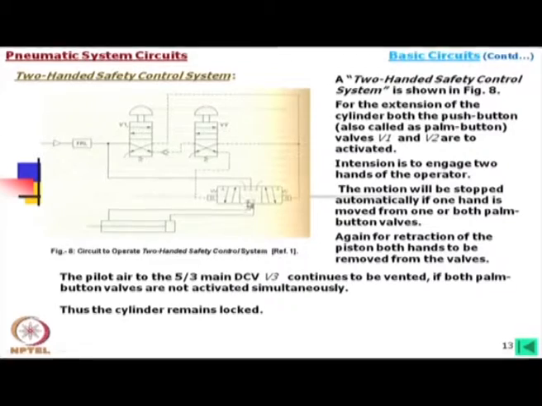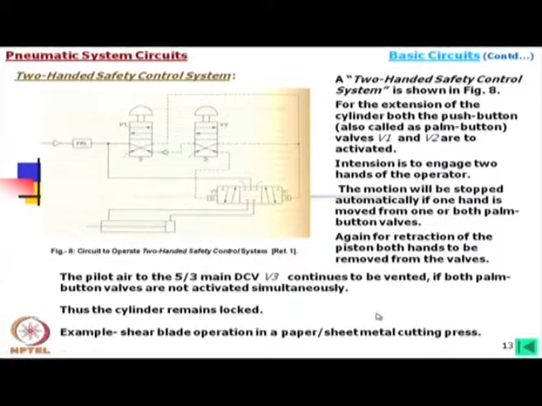In this position you will find that the air is coming and this is being vented and it remains locked in this position. This indicates that no passage is allowed in this position, no air is allowed to go through this passage when this is in this position.